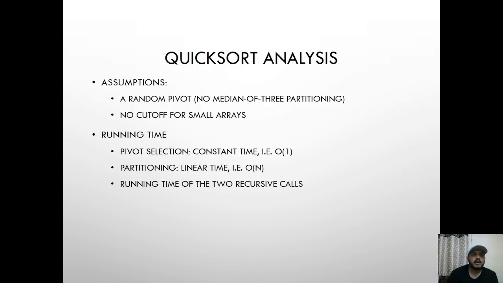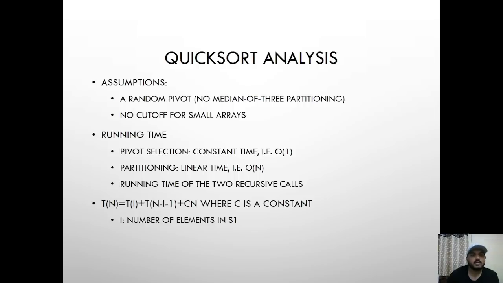Quicksort analysis: assumptions, runtime, and some constants. The assumptions are a random pivot, no median of 3 partitioning, and no cutoff for small arrays. Runtime: pivot selection and partitioning are to be noted. Pivot selection is constant time, that is O of 1, and partitioning is linear time, that is O of n.